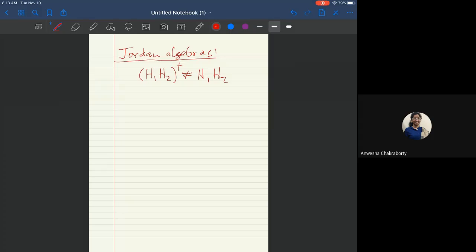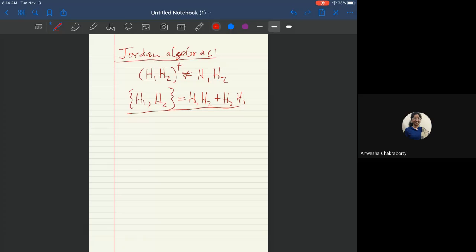And so he realized that instead you should take their anti-commutator, which is H1 H2 plus H2 H1. Now if you take the anti-commutator of two Hermitian matrices, you do get another Hermitian matrix. So they do form a nice algebra with that product. And that's the template for what a Jordan algebra is.